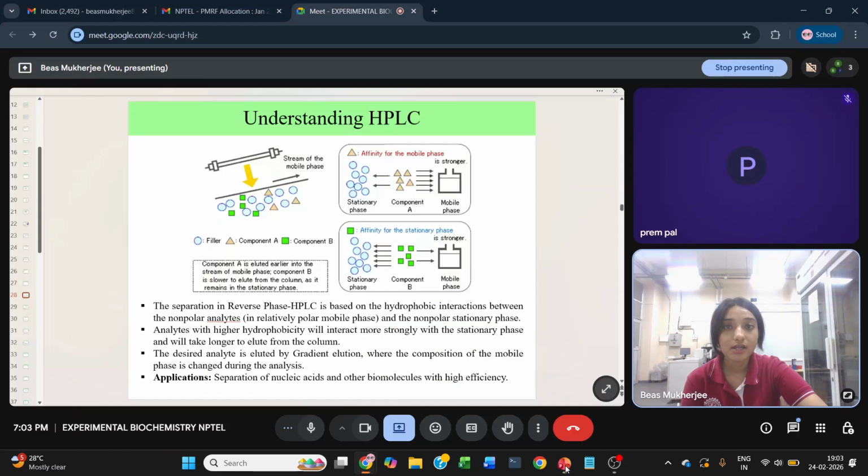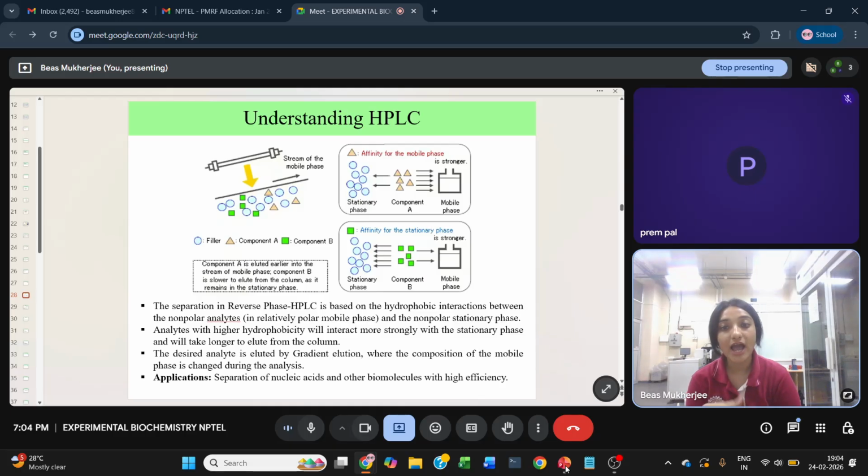Okay. Now we will talk about HPLC. So what is happening in HPLC? See, the separation in reverse phase HPLC is based on hydrophobic interaction between the non-polar analytes in a relatively polar mobile phase and the non-polar stationary phase. So the stationary phase and analytes are going to interact, and the mobile phase is going to flow through.